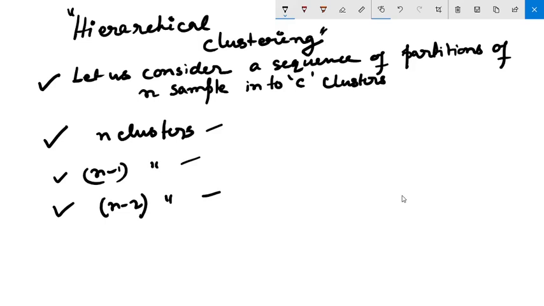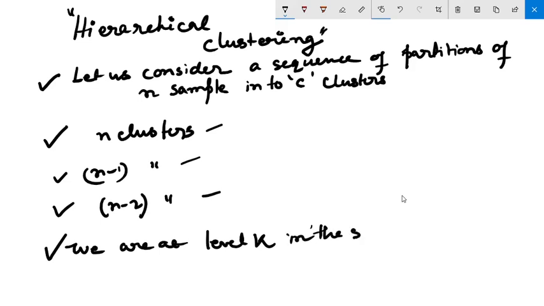Finally we shall say that we are at level k in the sequence when C equals n minus k plus 1.